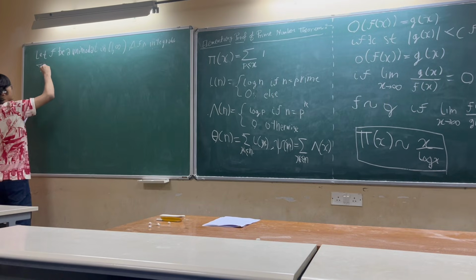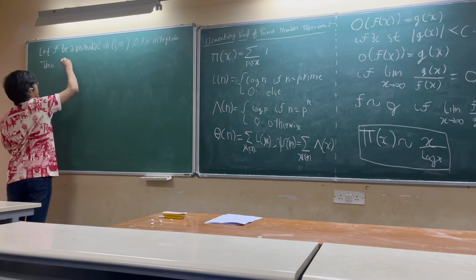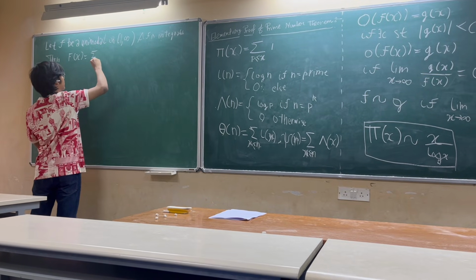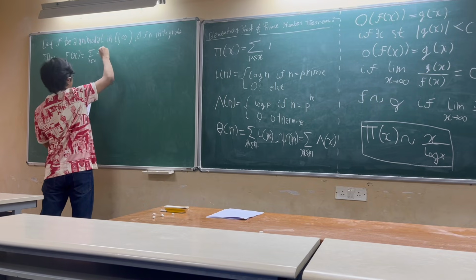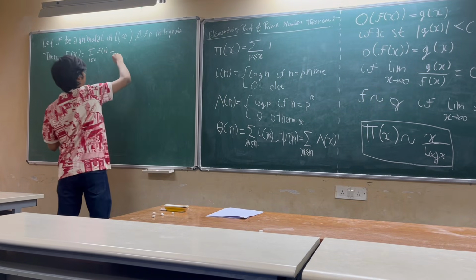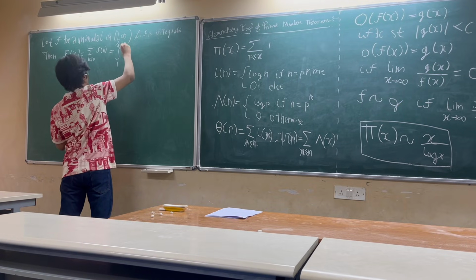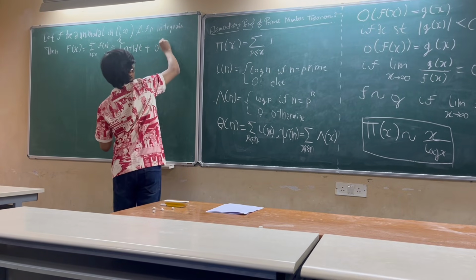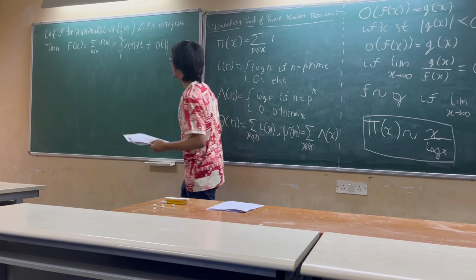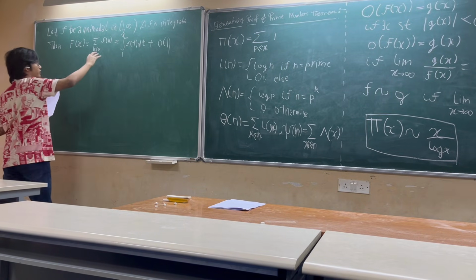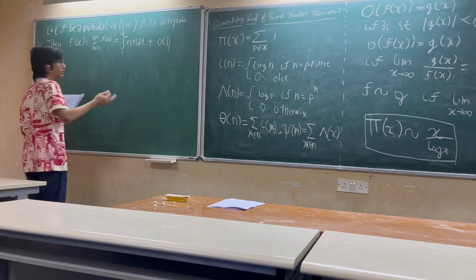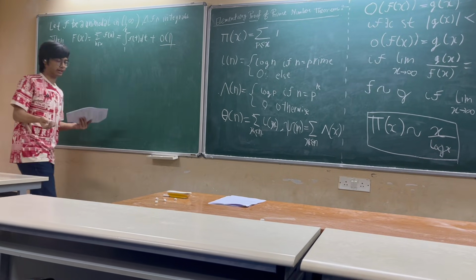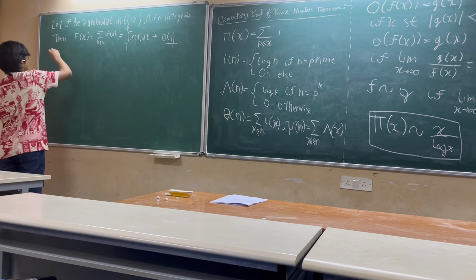Then we define capital F of x as the summation over n less than or equal to x of f of n, and for unimodal functions this identity holds. So if you have a unimodal function, you can approximate the summation of that function by its integral. The error term is of the order of a constant. That's what it says.